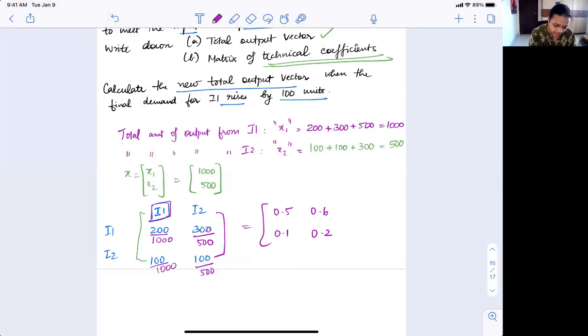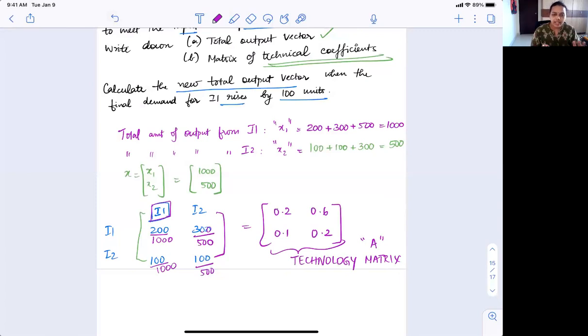I'm sorry, 200 by 1000 is not 0.5, it's 0.2. So you have 0.2, 0.6, 0.1, and 0.2. This is now your technology matrix. So it's the per unit input requirement.